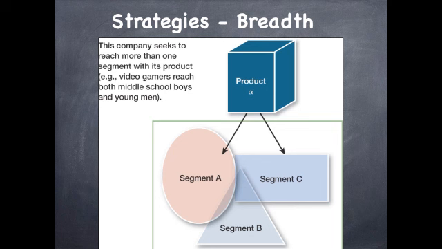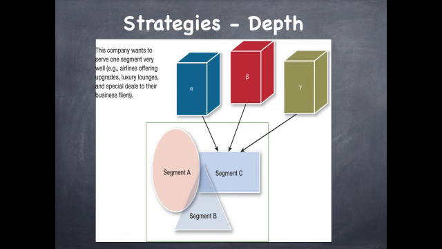And then obviously with games, if you look at how games are made, different games are definitely being targeted to different segments. Then the depth strategy is to have more than one product serve the same segment.